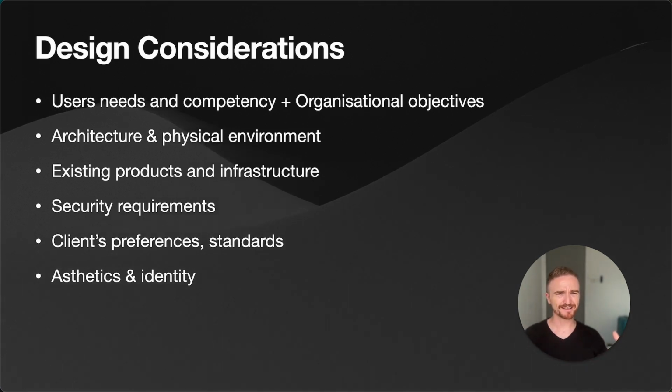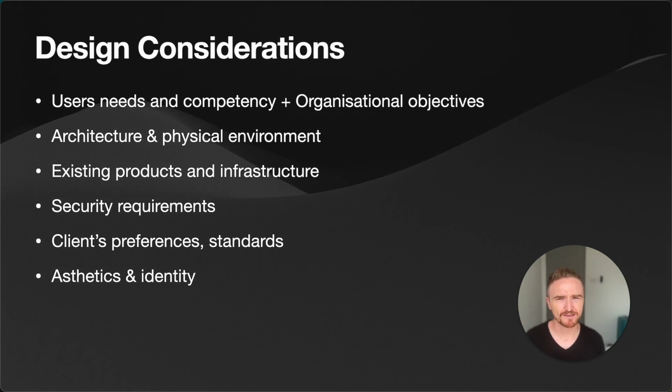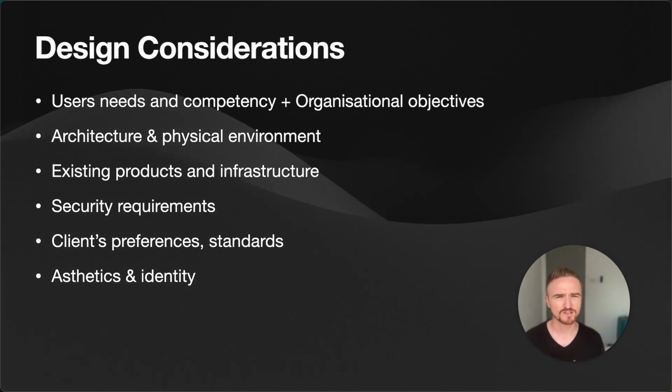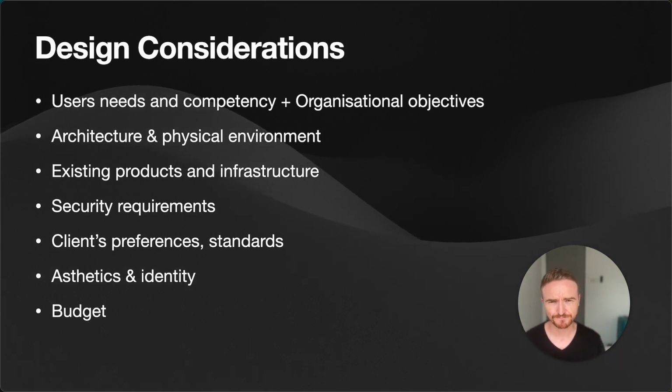They want something that says, "Hey, we're the business," and so they want something maybe a bit more extravagant that shows that they're the big fish in the pond, let's say. So the identity of the business that you're designing a system for also plays into what we consider when thinking about what is going to be the best solution for them.